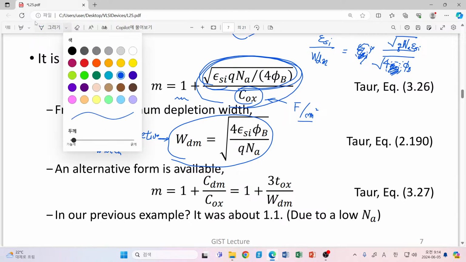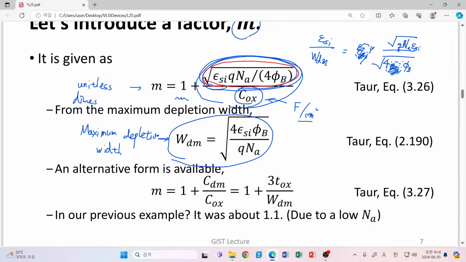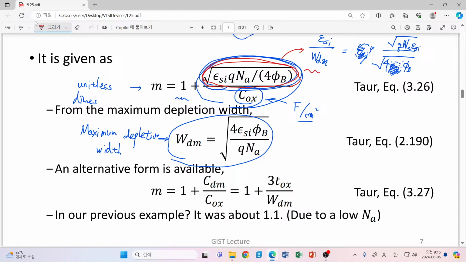So let me just slow down. This term can be expressed as just this one: silicon permittivity divided by the width of our depletion layer. So what is it? This is corresponding to the per area capacitance of our depletion layer.